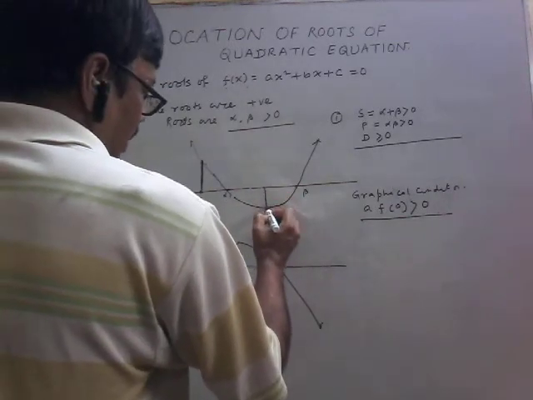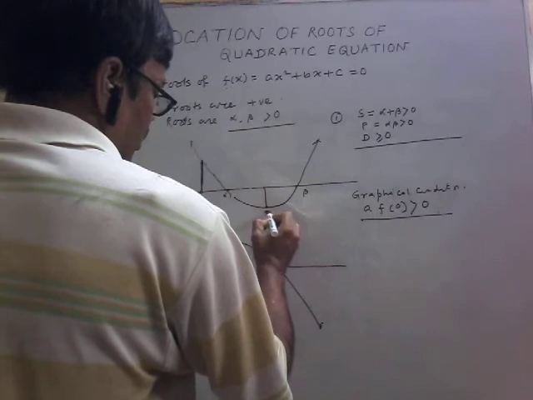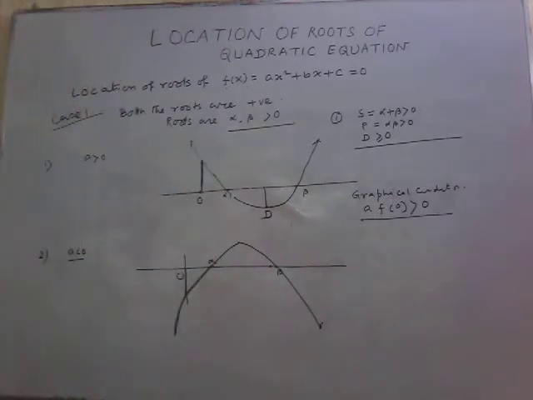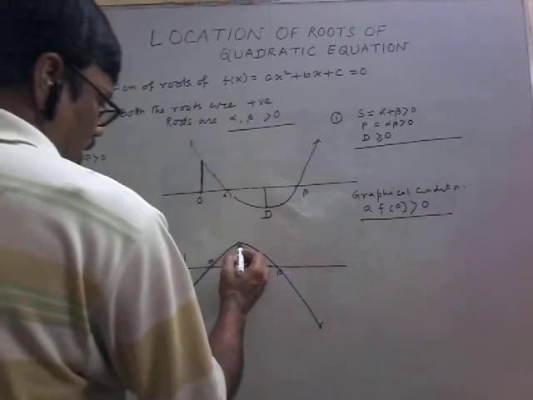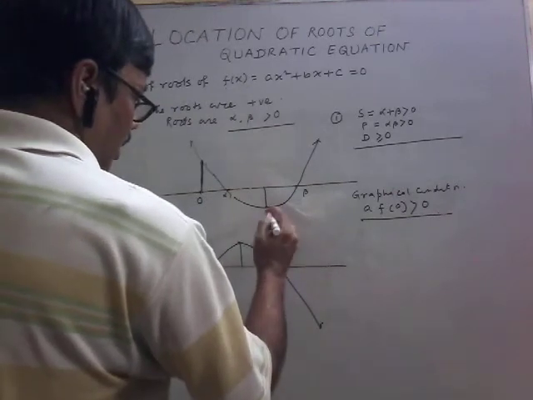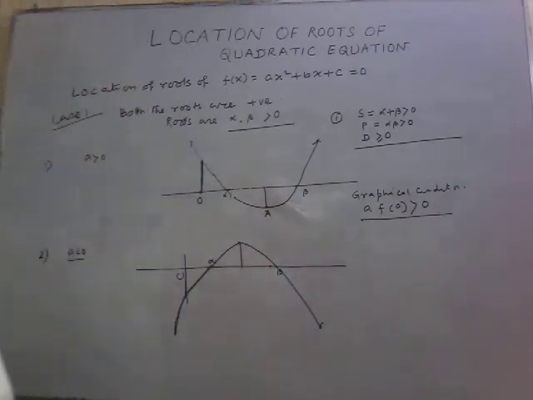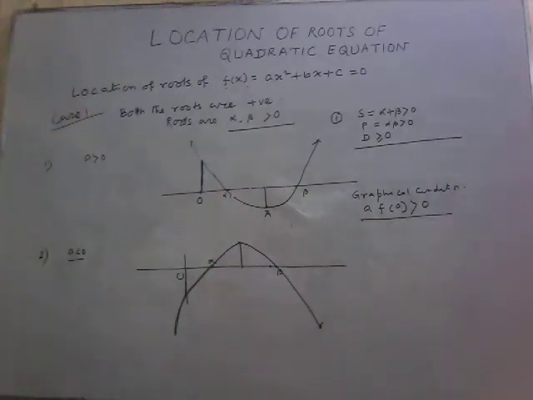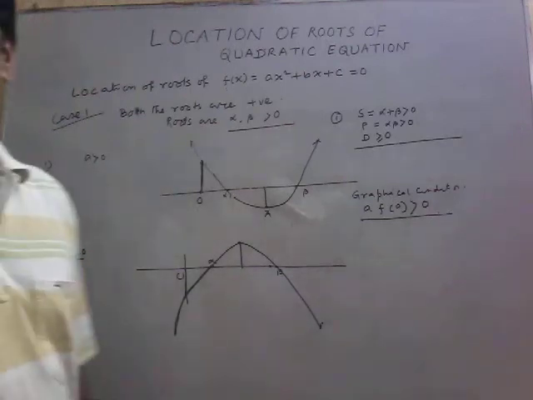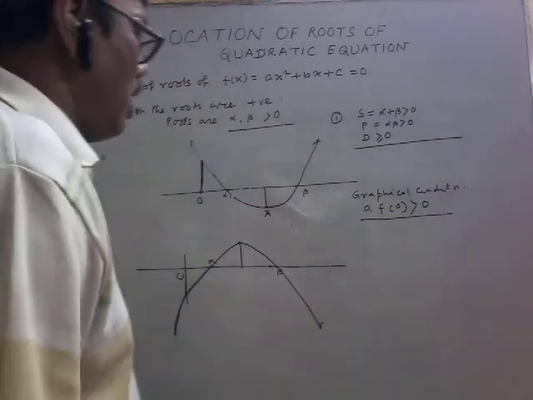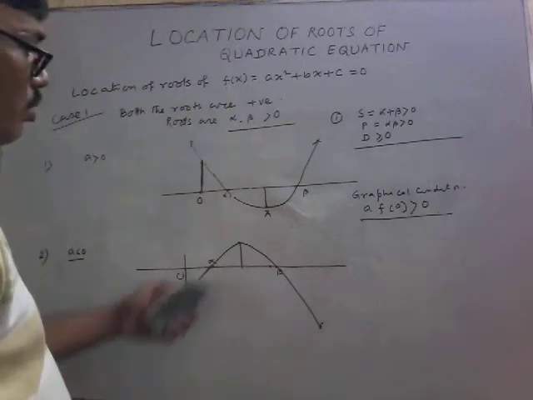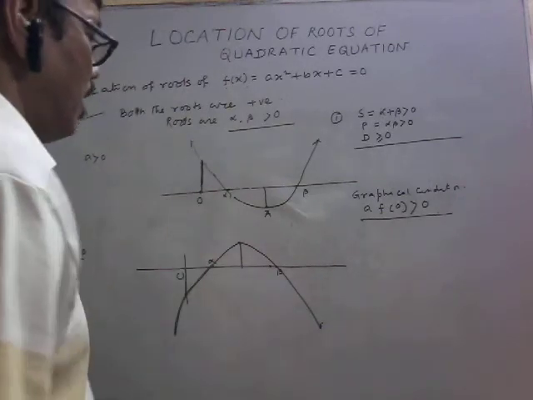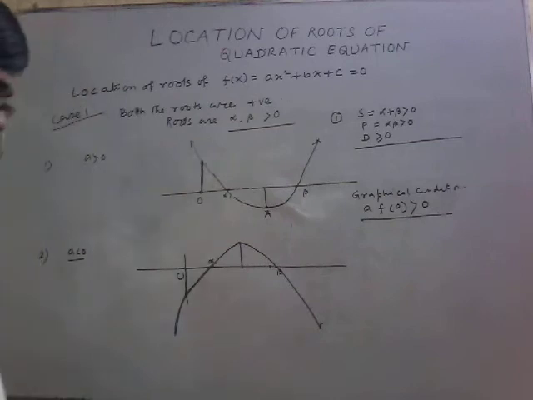Now this is the vertex. Suppose this is A. So what is the vertex? The parabola is x minus alpha whole square equals a into y minus beta, so the vertex is (alpha, beta).